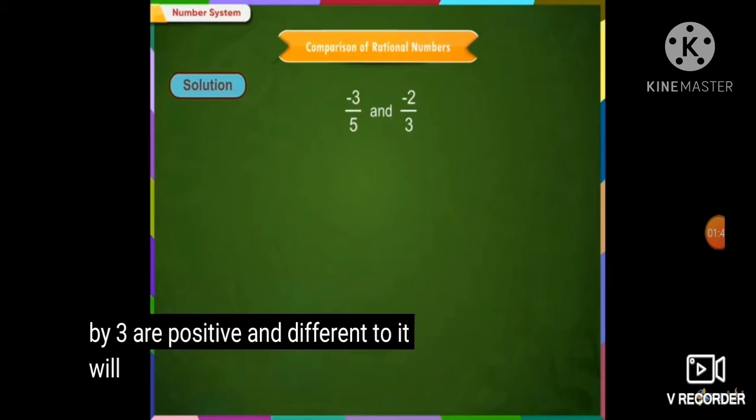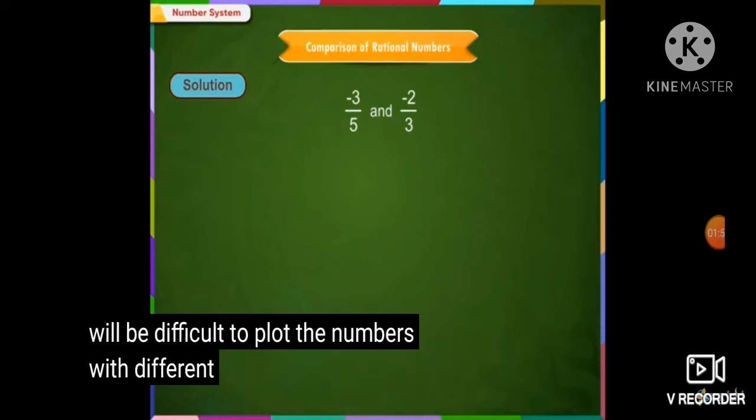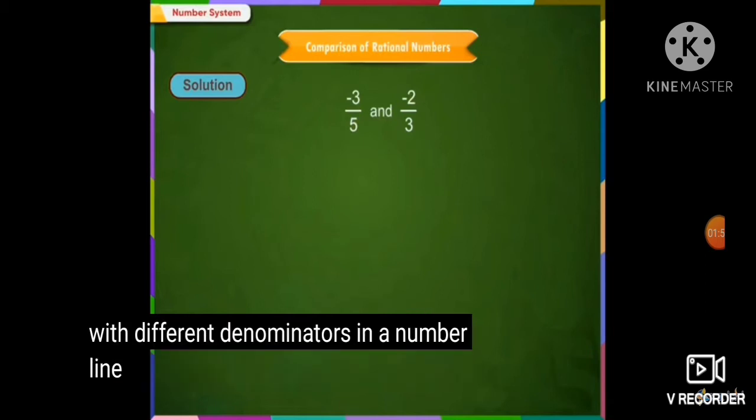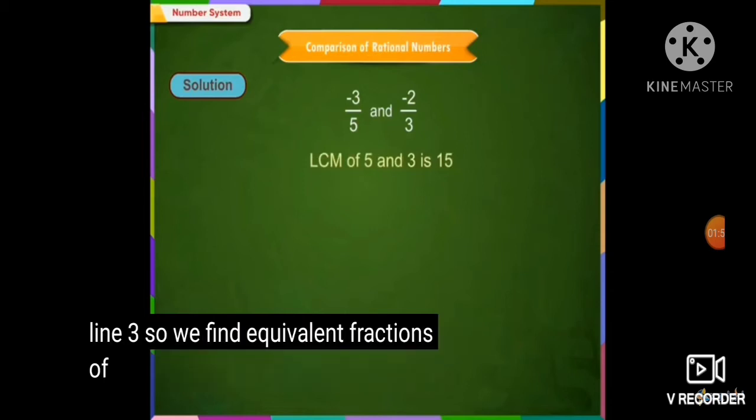It will be difficult to plot the numbers with different denominators on a number line. Now take the LCM of the denominators 5 and 3.